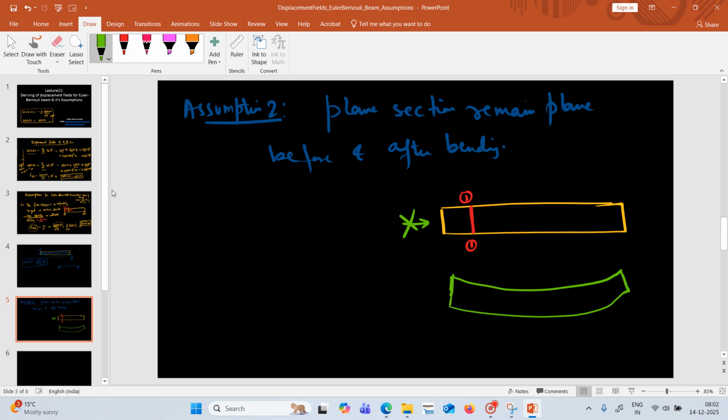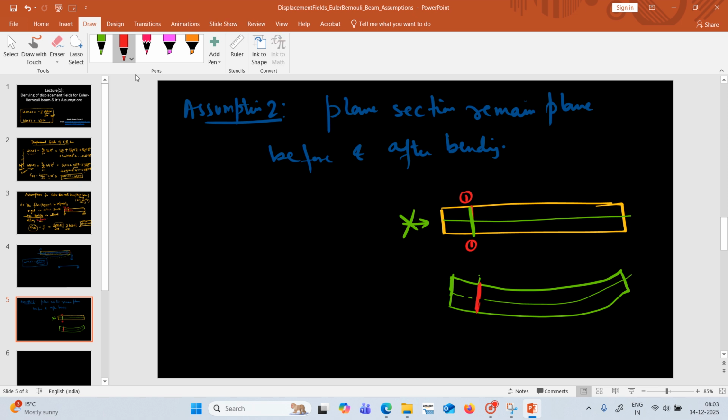This is the neutral axis here. There would be the neutral axis also here. And this 1 1 would also bend here. So after bending, if you see, this remains plane. Just like this is straight, this is also remaining straight. So once it's bent, after bending, it is remaining plane.